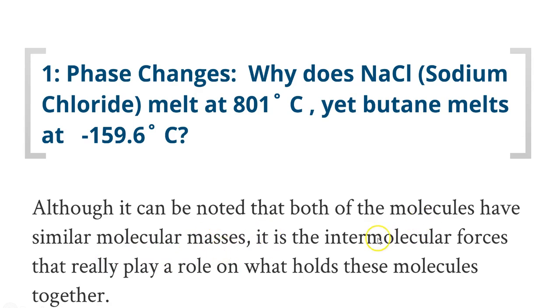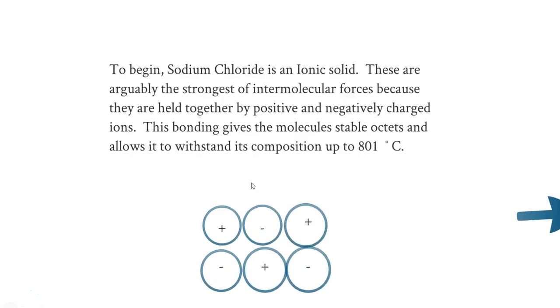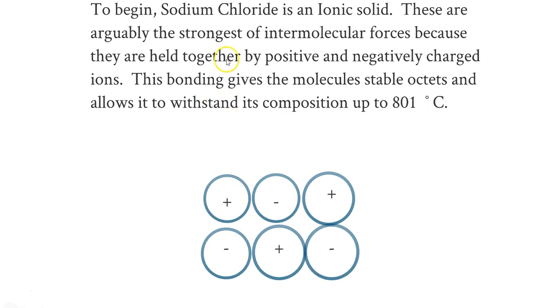Okay, it's the intermolecular forces that affect this. Okay, and we can say pretty safely that sodium chloride has stronger intermolecular forces than butane because it melts at a much higher temperature. Okay, sodium chloride is an ionic solid, which means that all of these charges, we have full charges that are holding these together.